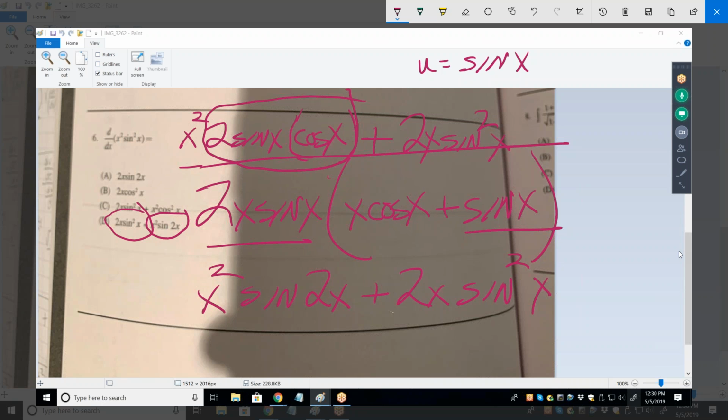Because you have to recognize the double angle formula in reverse. In other words, what was necessary was to recognize that that is the sine of 2x. Now, if you were in a pinch here, you could take your double angle formula and substitute it in there and see if you get something similar, and you wouldn't.